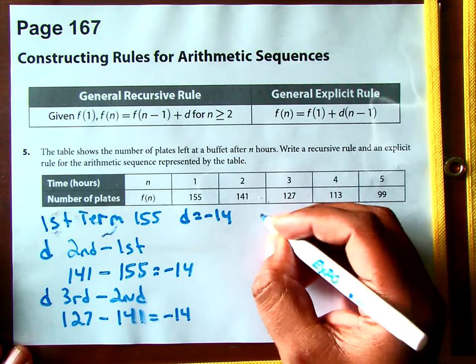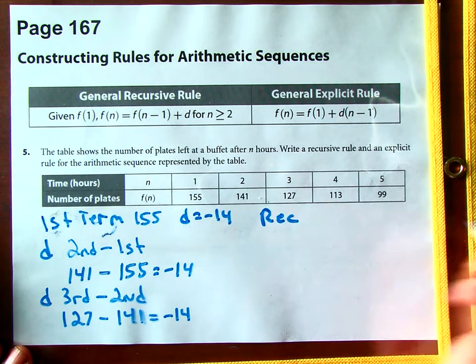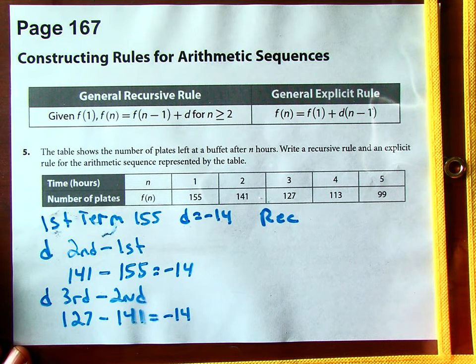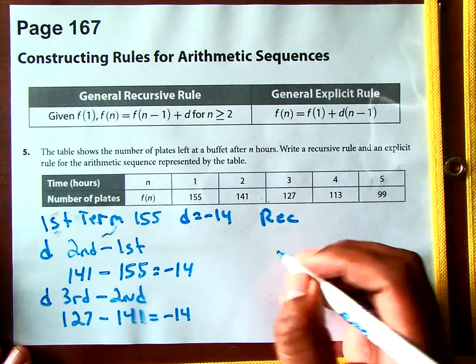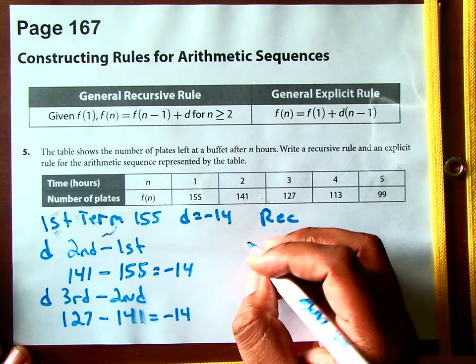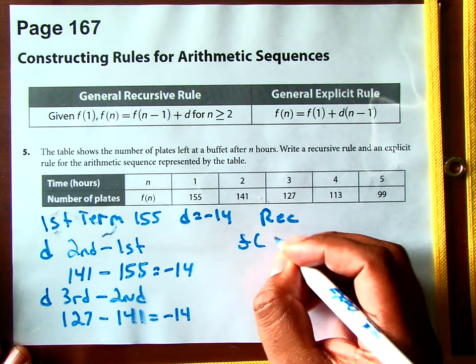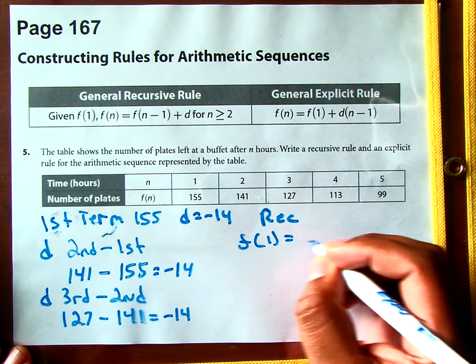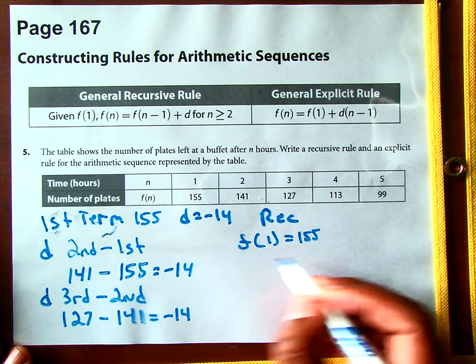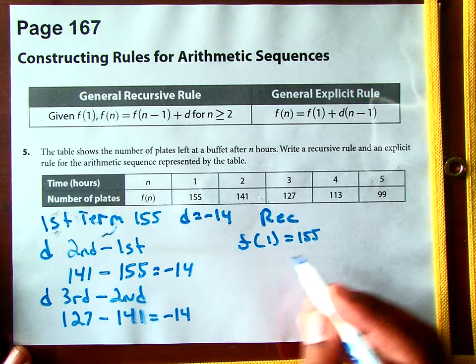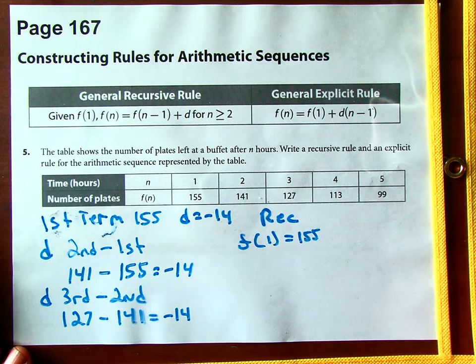So I'm going to put REC for recursive. And where it says given f of 1, I'm going to say f of 1 is equal to 155. That's the part that says being given. I'm telling you that f of 1 is equal to 155.